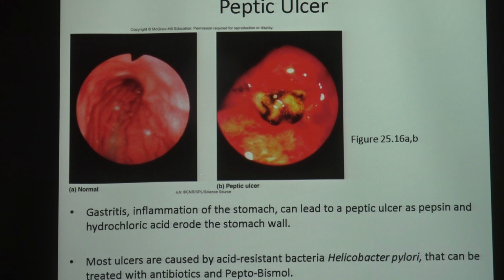The researcher who pinpointed Helicobacter pylori actually wanted to run a test on patients, infect them, and then go through the process of killing off that infection. And the FDA said, no, you can't willingly and knowingly infect people as an experiment. And so he agreed and moved on with life, but he infected himself.